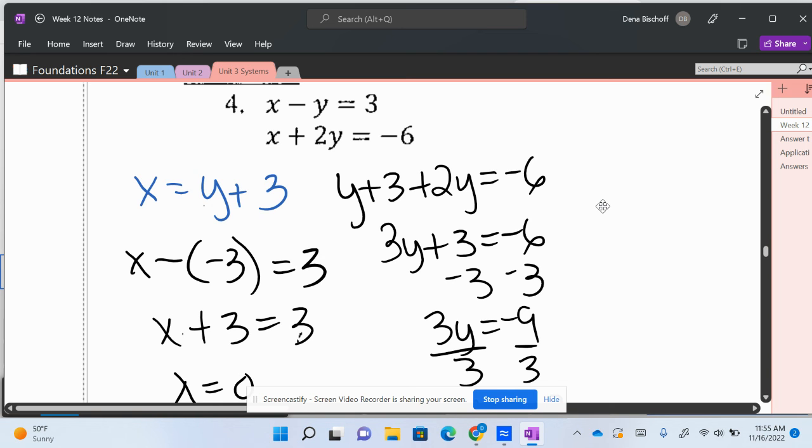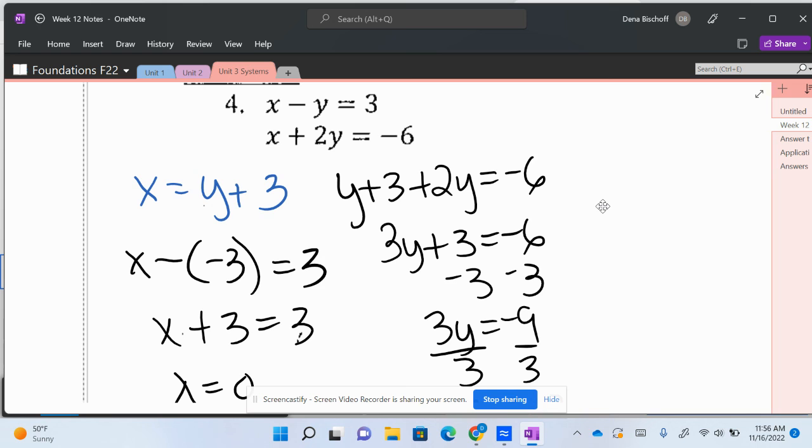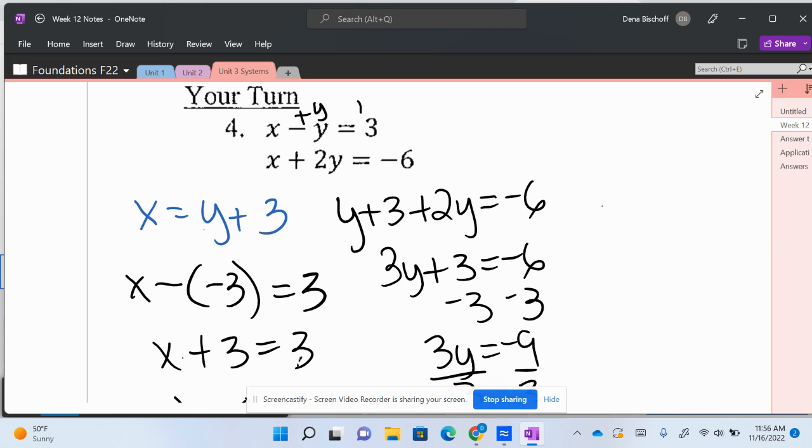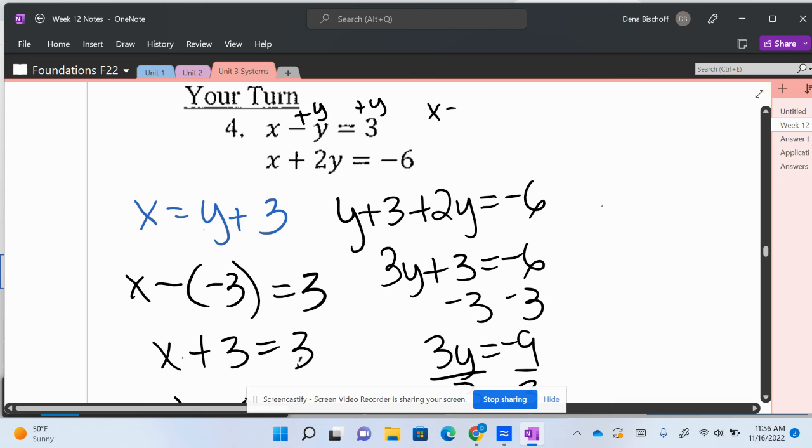All right, guys, I'm going to present the gentleman's side. I thought it would be easiest to get x all by itself. You might have done it differently, but what I did was I added y to both sides. So I got that x equals y plus 3.